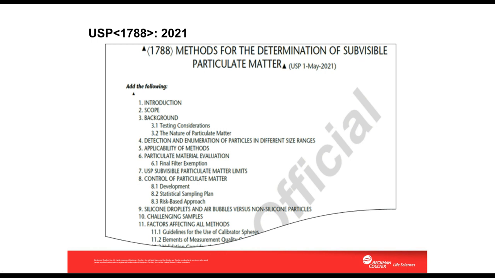Chapter 788 is harmonized with the European and Japanese Pharmacopoeia chapters on subvisible particle matter in injections, where the HIAC light obscuration method remains the official pass-fail technique for particulate matter. But for the first time, 1788 introduces the idea or concept of flow imaging as a complementary orthogonal test to the HIAC light obscuration method.